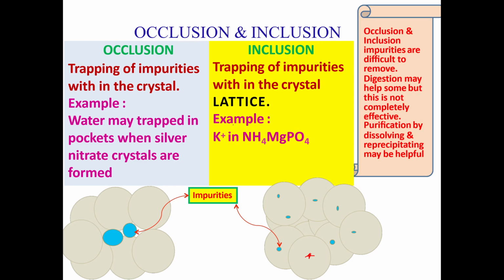And for inclusion, the impurities are trapped in the crystallite, for example potassium in ammonium magnesium phosphate, NH4MgPO4. So occlusion, for example, is water trapped inside the crystal, and inclusion is where the impurity ion is trapped within the crystallite. So that's the difference between occlusion and inclusion.